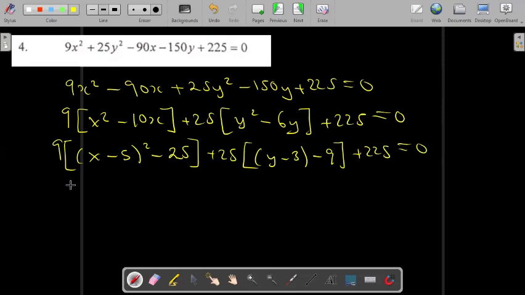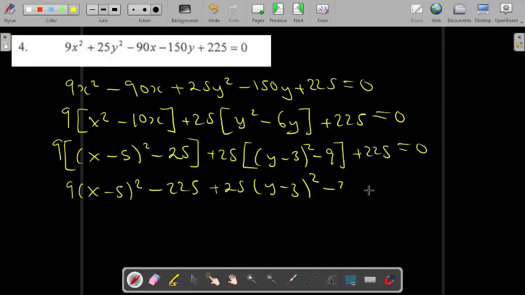Then I can expand this and I have 9 times (x minus 5) squared, then that will give me minus 225, plus 25 times (y minus 3) squared, then I have minus 225 plus 225 equal to 0. So this, of course, gives me 0.